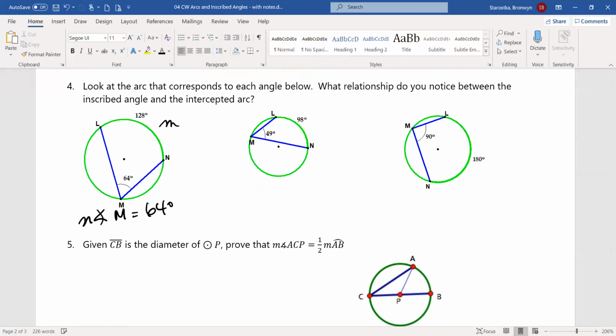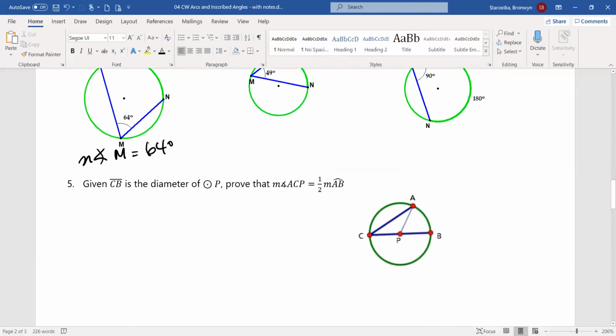The measure of arc LN equals 128 degrees. In the second example, angle M is 49 and LN is 98. And in the third example, this might be more clear. Angle M is 90 and arc LN is 180 degrees.